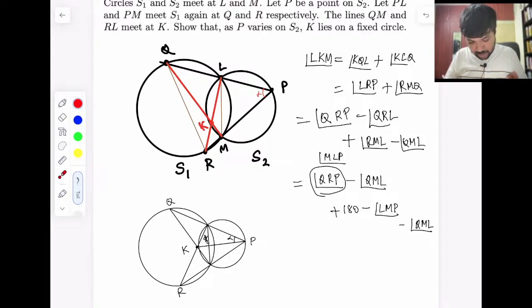Is there some other angle which is also remaining constant here? The angle subtended by LM is alpha. So LM itself is related to D, and alpha is related to the radius of the second circle, the smaller circle. But what other radius?